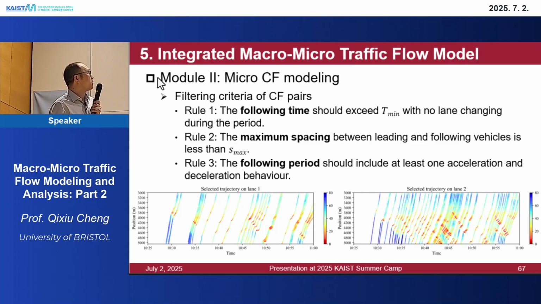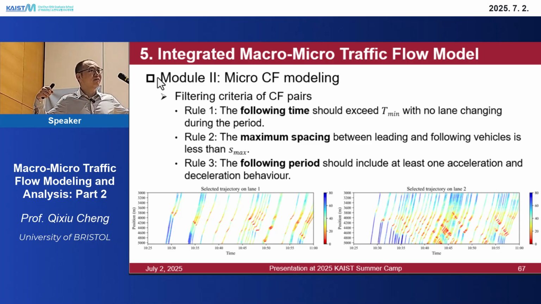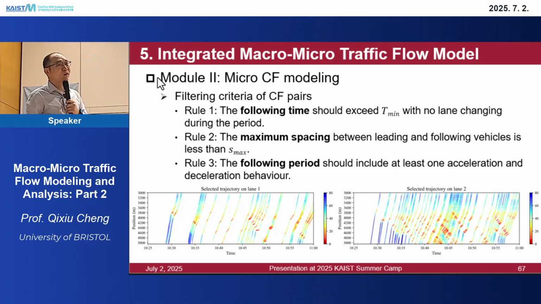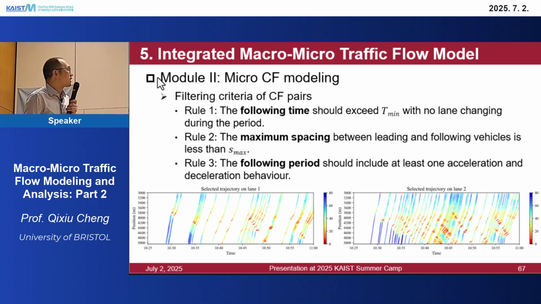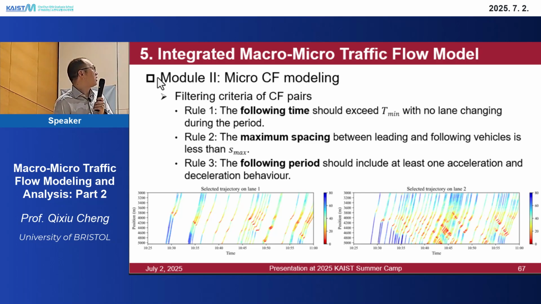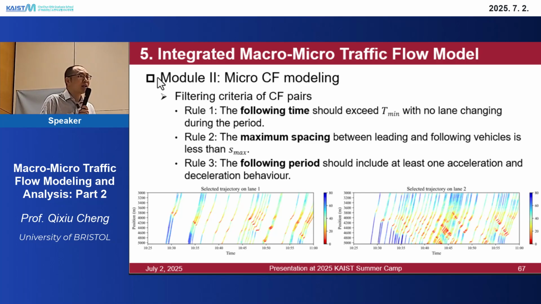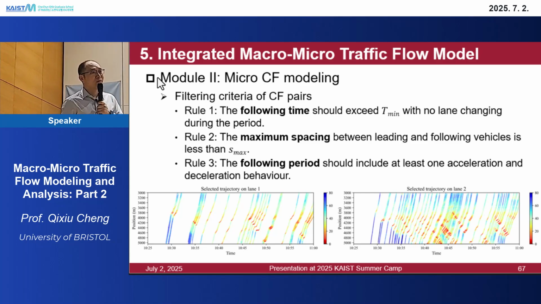And the maximum spacing between leading and following vehicle should be less than S max. If the distance between these 2 vehicles is very long, it's not in a car-following state. And rule 3, the following period should include at least 1 acceleration and deceleration, because the car-following model should be used to capture the traffic dynamics rather than all being at free flow speed.